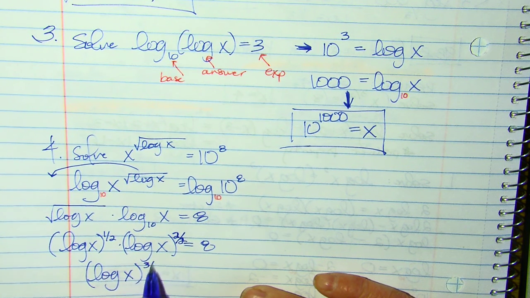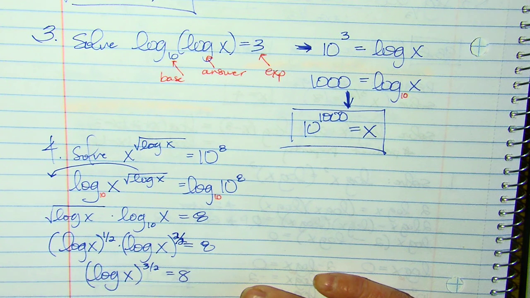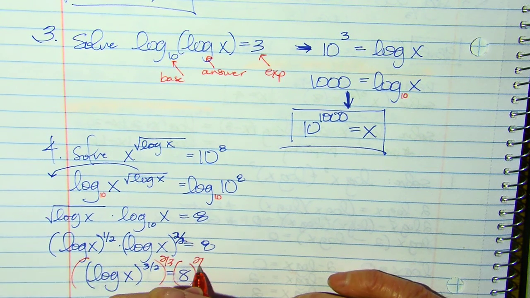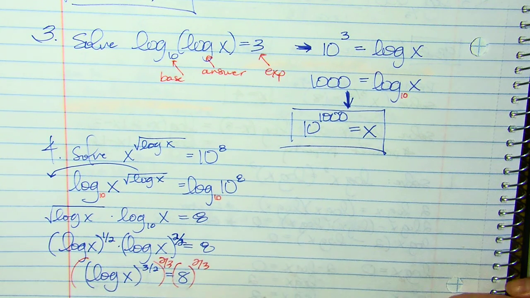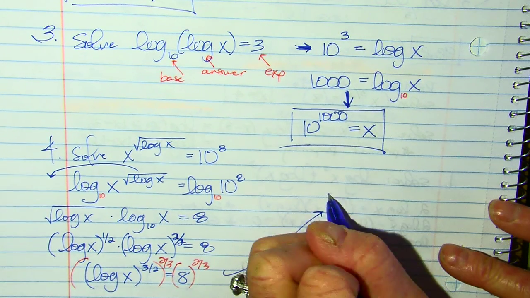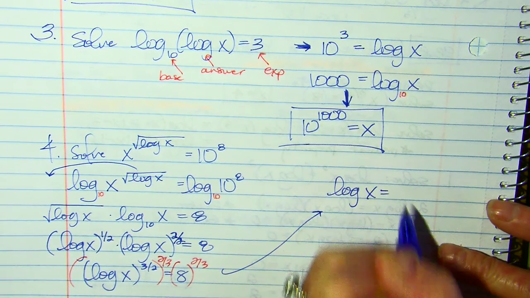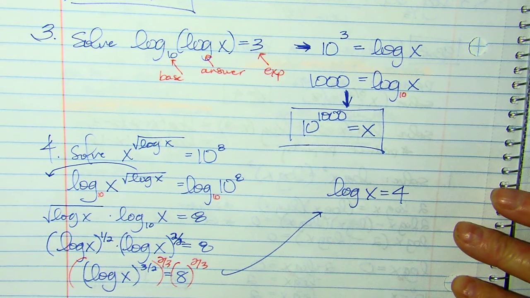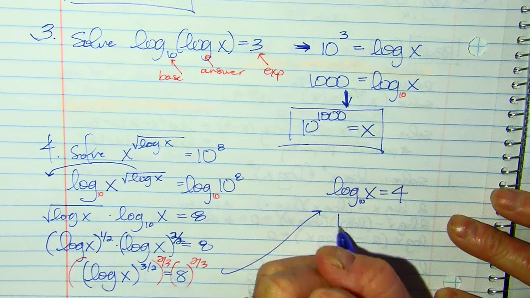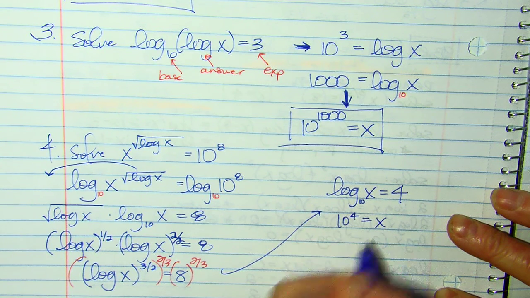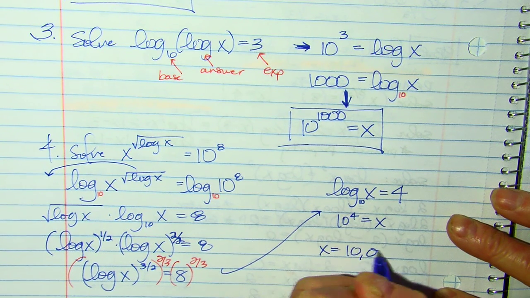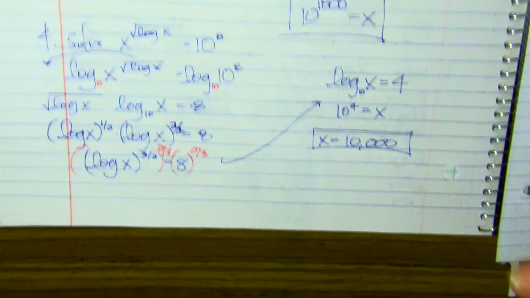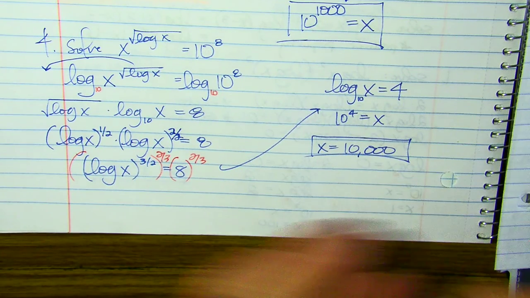So 3 over 2 equals 8. And then I would raise both sides to the 2/3. And I would get the log of x equals 4. And then from here, this is an invisible 10. 10 to the 4th equals x. So x equals 10,000. These are pretty complicated ones, so I would use these notes to do your homework.